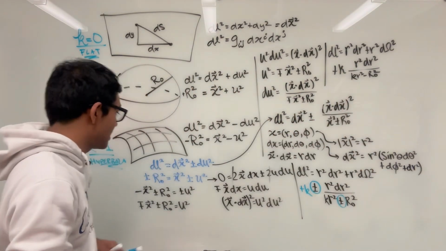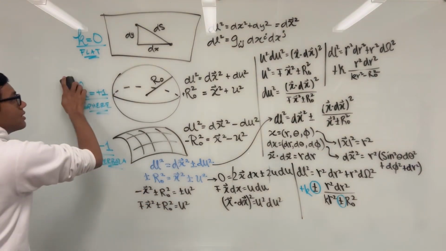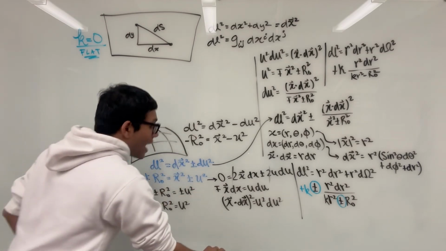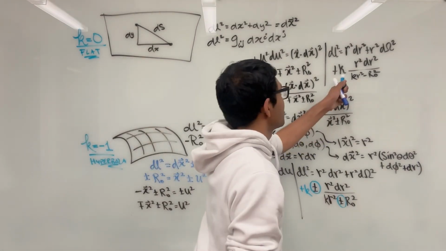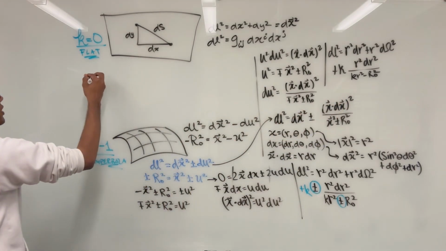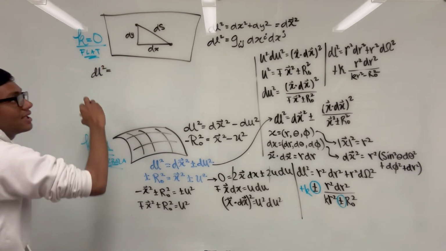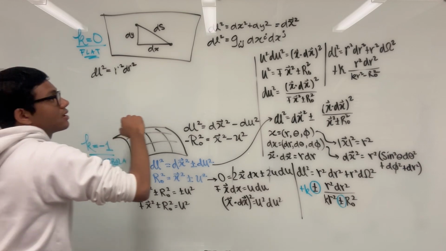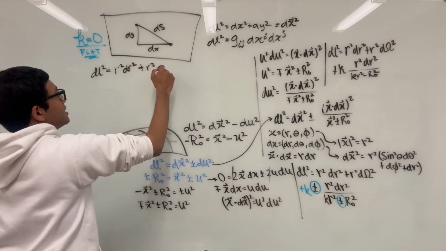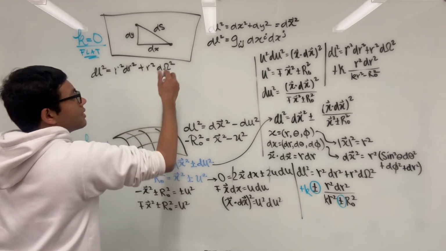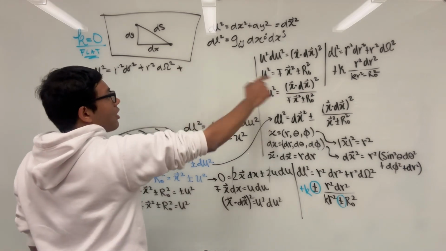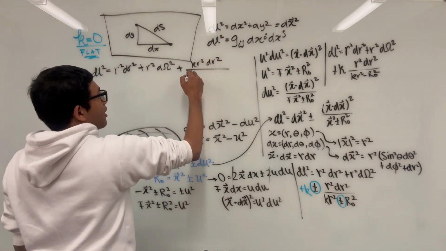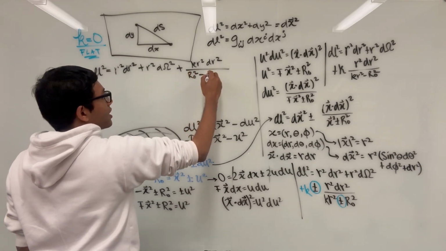So let's take a look. Let me erase some of the previous equations here, and let's try to extract our equation from here. So we have dl squared is equal to r squared dr squared plus r squared d sigma squared, and then plus k r squared dr squared divided by, let me put the r naught squared in front.